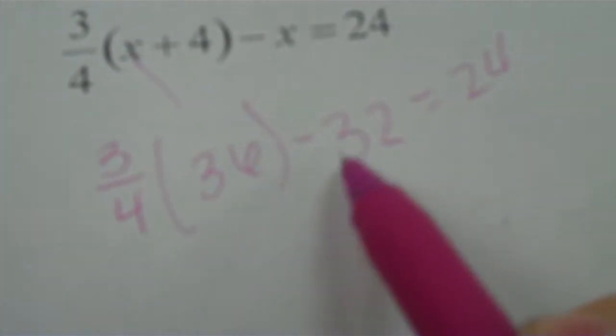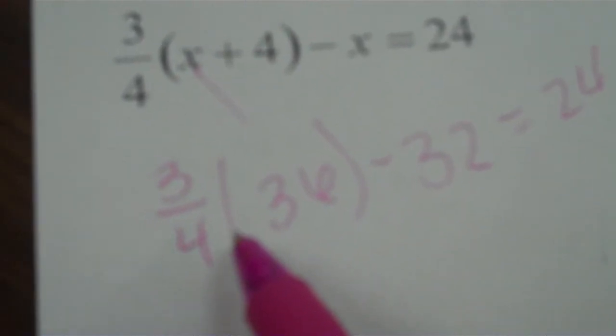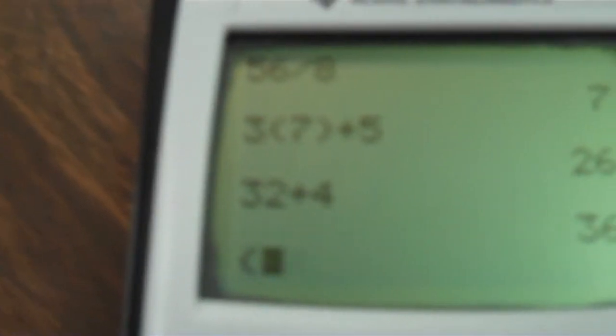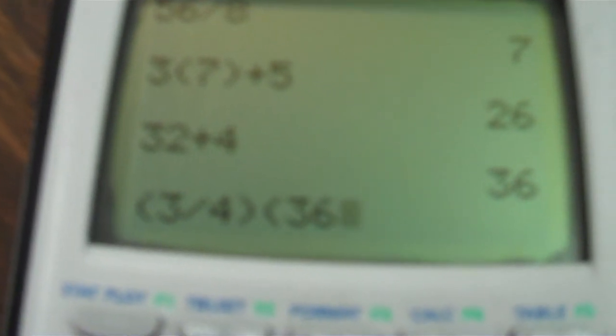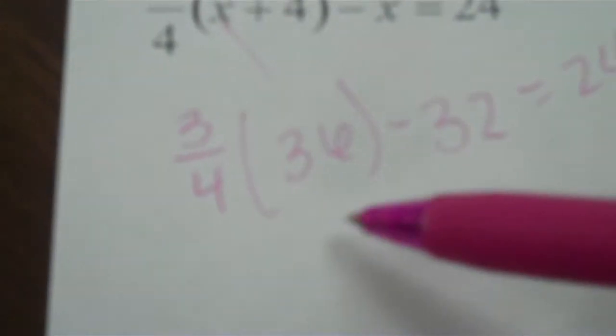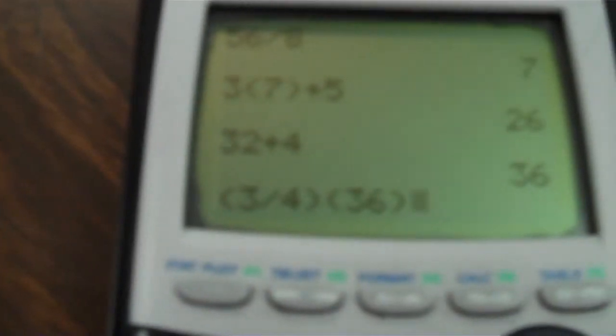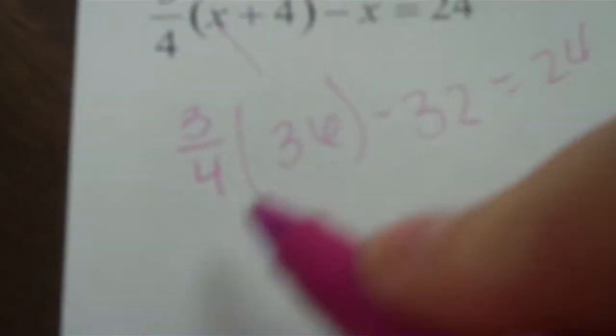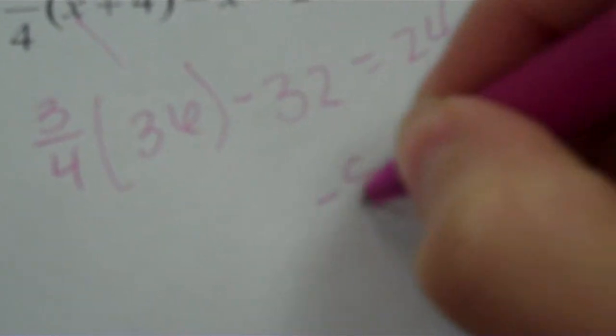I want you to plug this in the calculator and see if it equals 24. So 3/4, so parenthesis 3 divided by 4, right? Times 36, because that's times 36, right? Minus 32. All right, and hit enter. And that equaled -5. So this whole thing equaled -5.